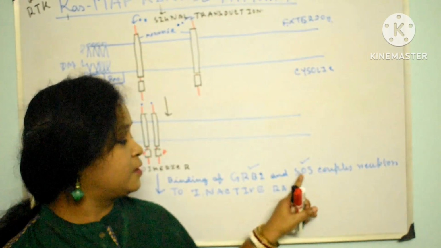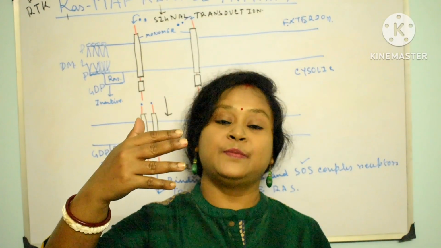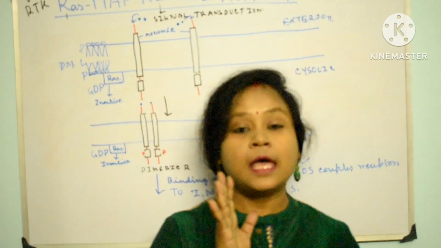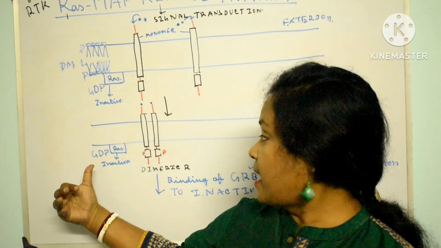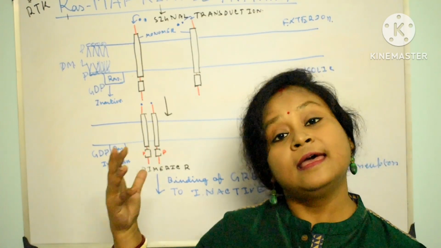So this one is the cytosolic GEF protein SOS, and SOS then promotes the formation of active Ras GTP, from inactive Ras GDP to active Ras GTP.